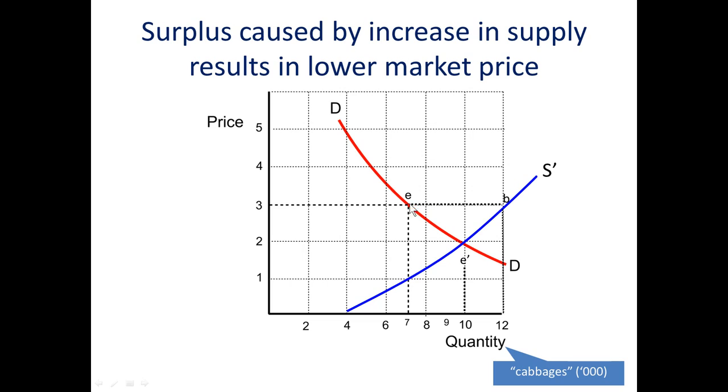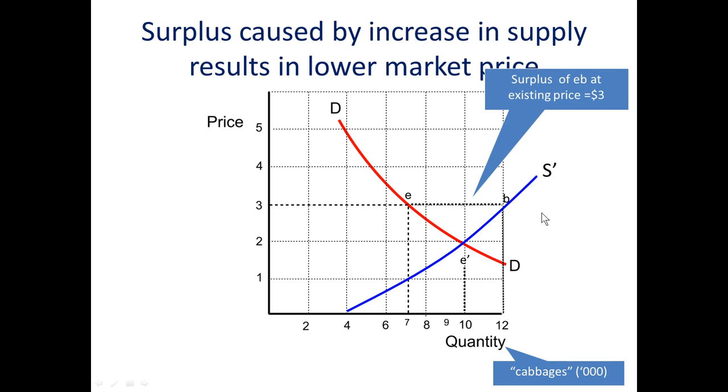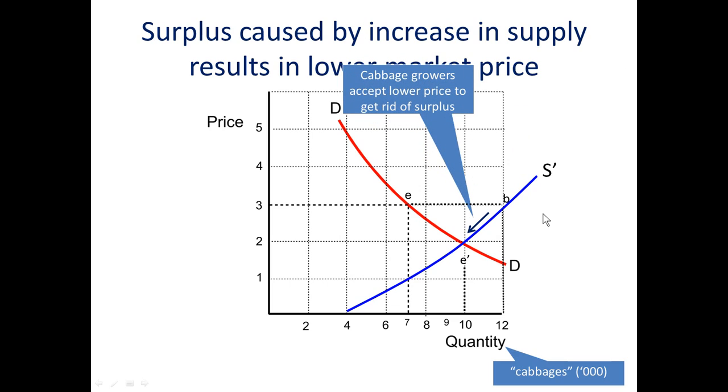There's supply, there's demand, and so there's excess supply at that price. So what will happen? Well, you're going to have pressure downwards in the price because, for a start, cabbage growers will want to get rid of the surplus and they'll drop their price to do so.